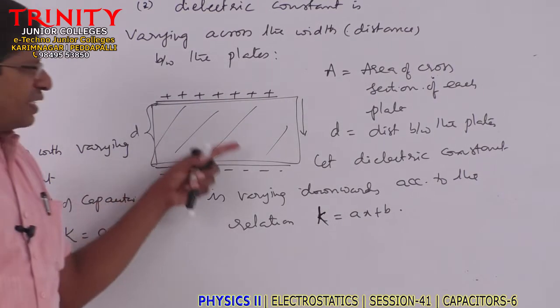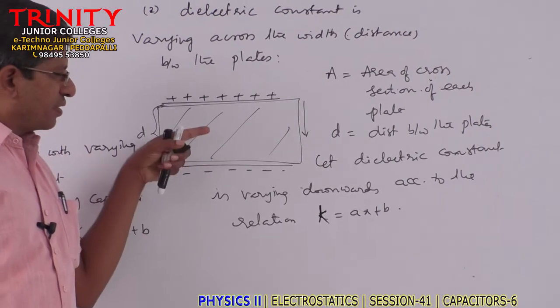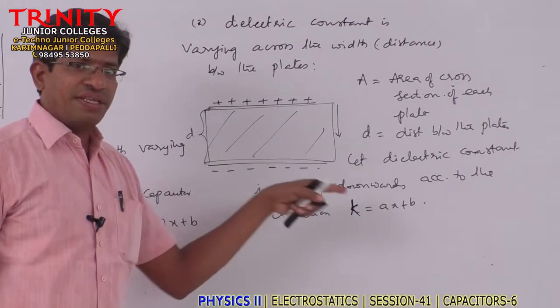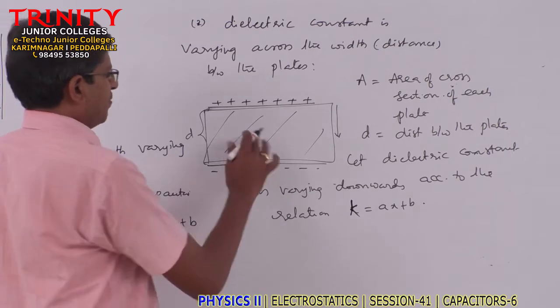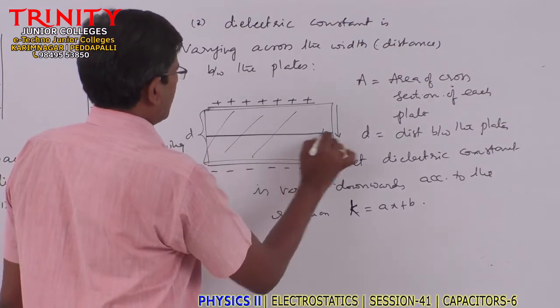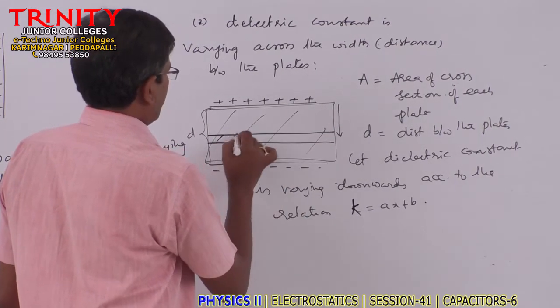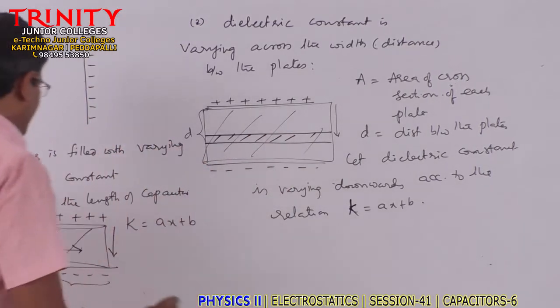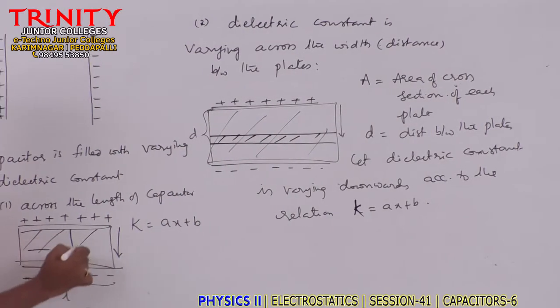Now, in order to calculate the capacitance of this arrangement, that means a capacitor with this sort of dielectric material, what we do is we divide this into elemental sections. Yesterday, if you remember, the elemental sections were assumed like this.